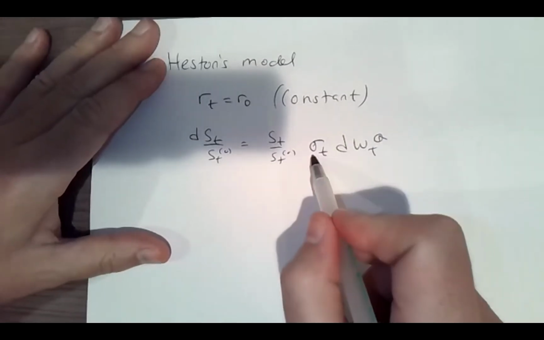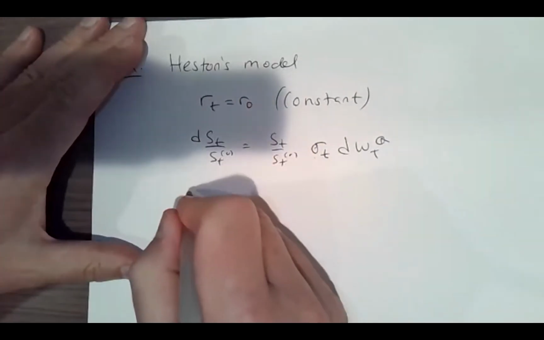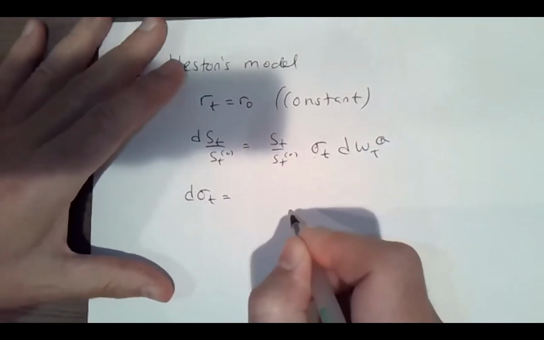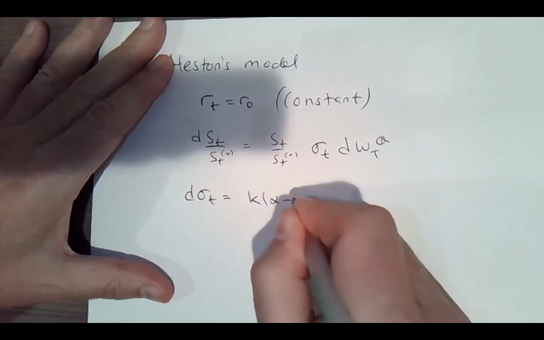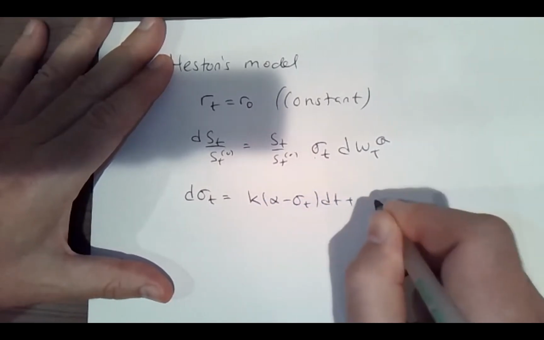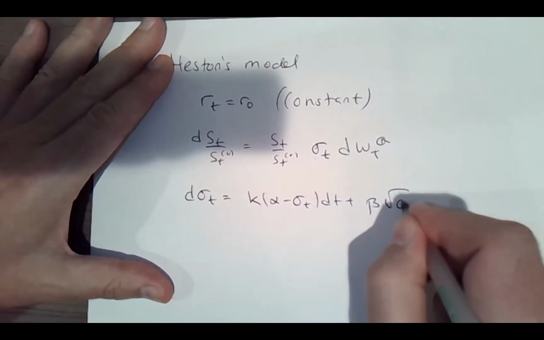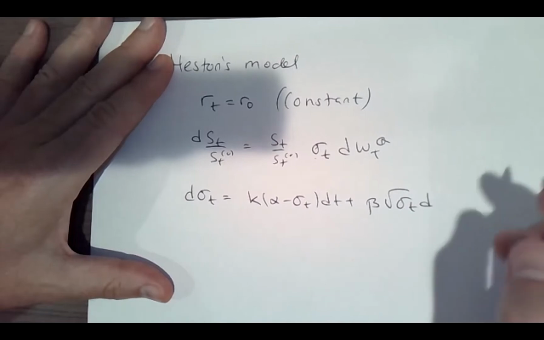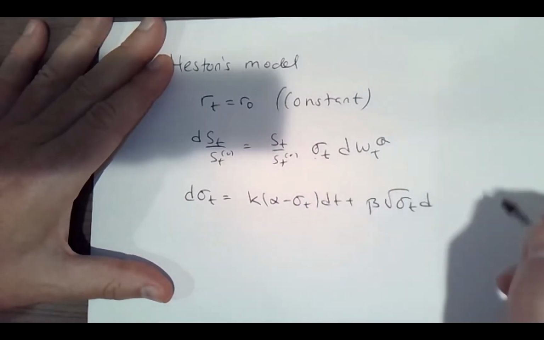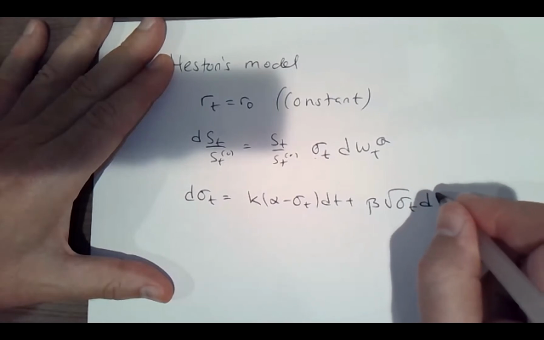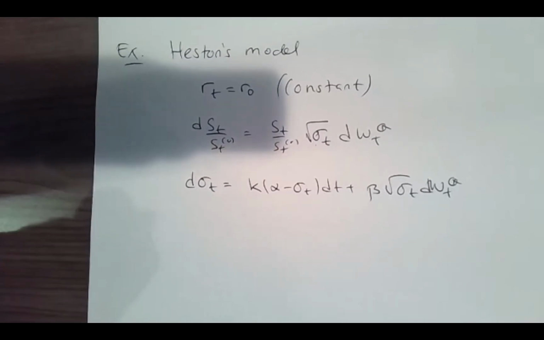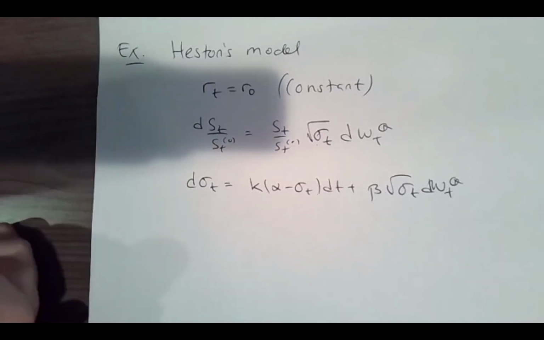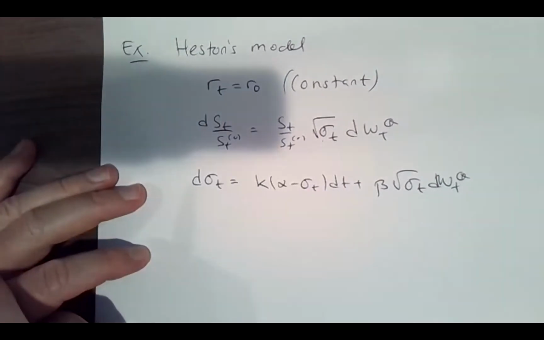And now this is a stochastic process, and in Heston's model, d sigma t is the square root process that we talked about a number of times. So like a kappa, maybe an alpha minus sigma t dt plus some volatility, beta root sigma t dwtq, and there's a square root here. So that one is Heston's model.